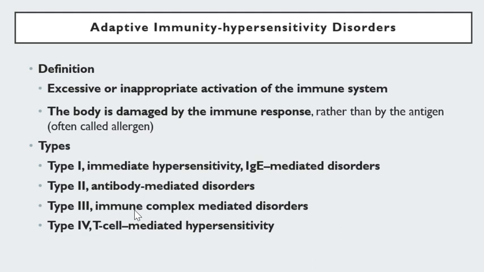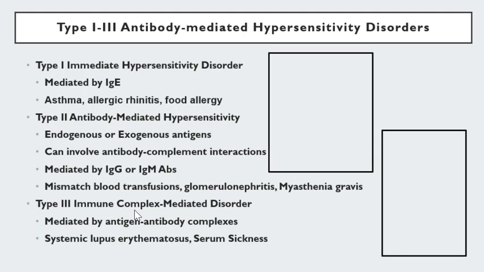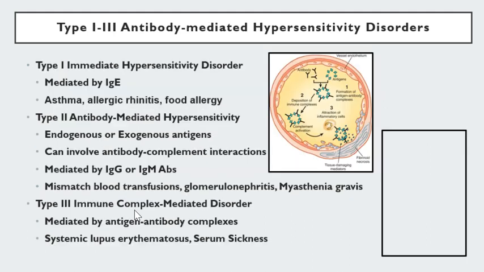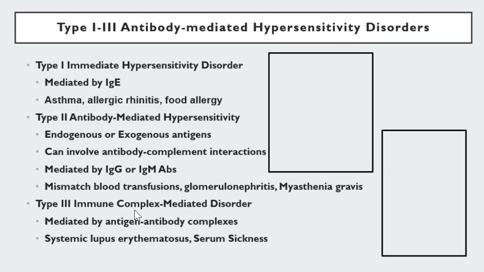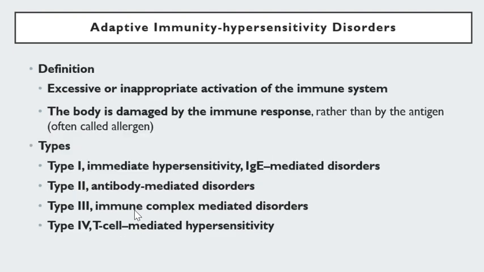I just want y'all to recognize different characteristics of each type. Questions like this will be, we have X, Y, and Z scenario, what is the type of hypersensitivity disorder? And then your options will just be 1, 2, 3, and 4, right? So type 1 is immediate hypersensitivity, and that's mediated by IgE.